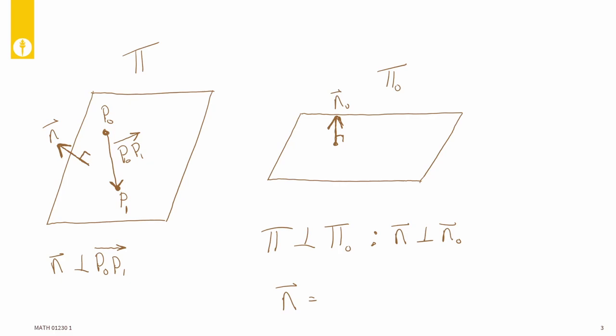What operation will give you a vector perpendicular to both? V cross n naught, and the order doesn't matter. That's how we're going to proceed.